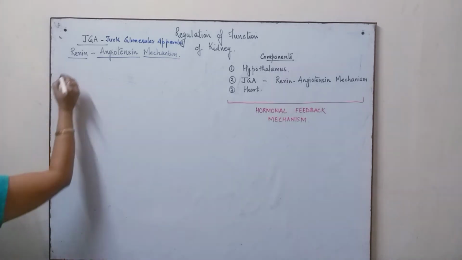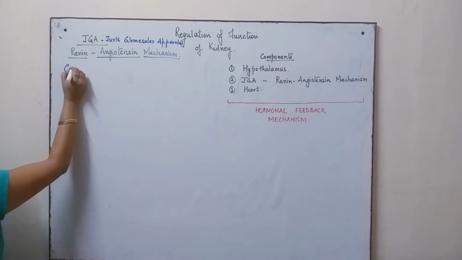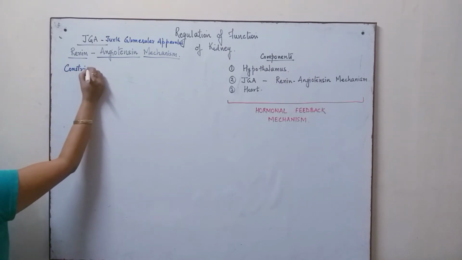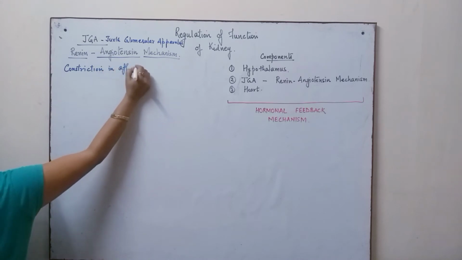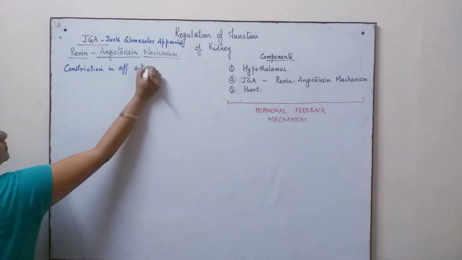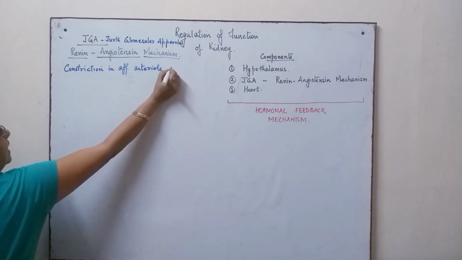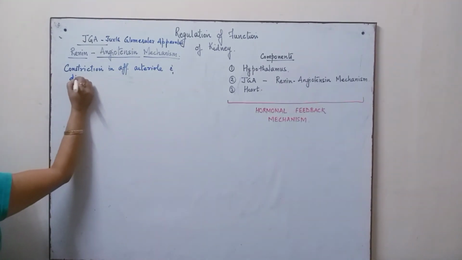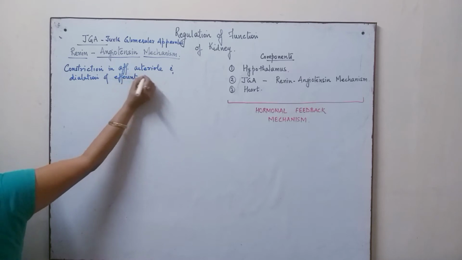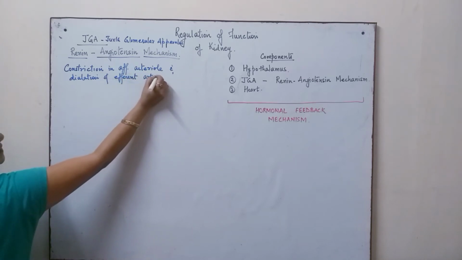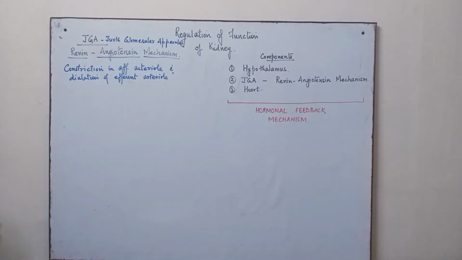Any constriction in the afferent arteriole and subsequent dilation of the efferent arteriole causes a fall in GFR.